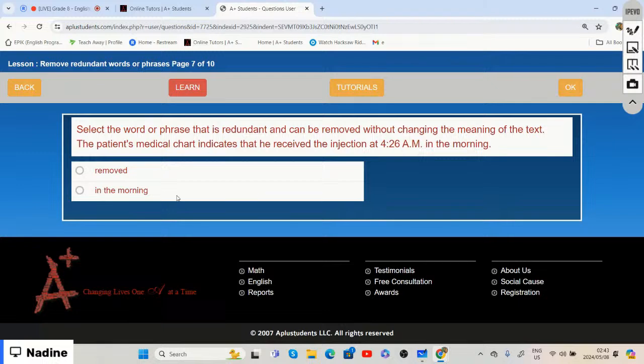And the patient's medical chart indicates that he receives the injection at 4:26 a.m. in the morning.